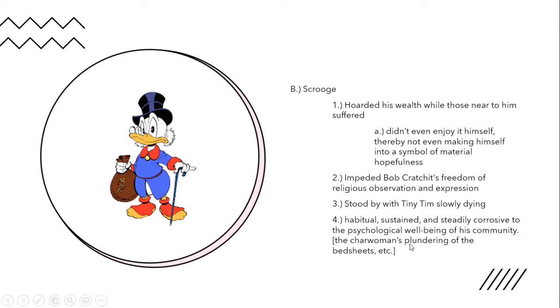Which is, you might pull an illustrative reference out of the text, which after he dies, the charwoman, this cleaning woman, everybody that comes to his house after he dies, they sort of just ruthlessly plunder all of his goods, and everybody's happy that he's dead. So that shows the extremity and the psychological damage of his crimes, right?